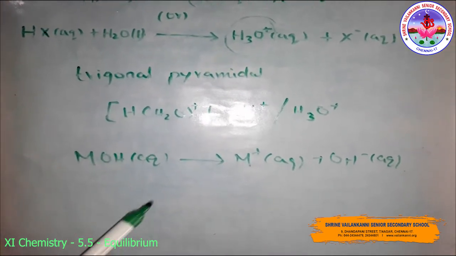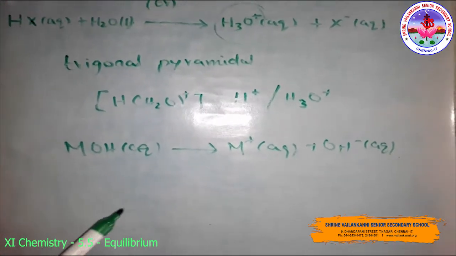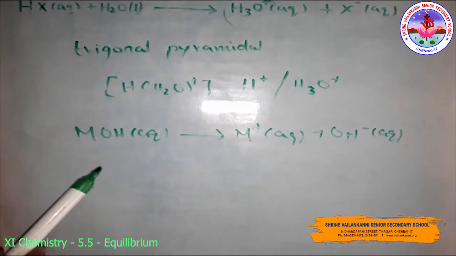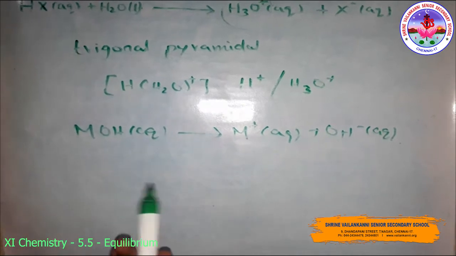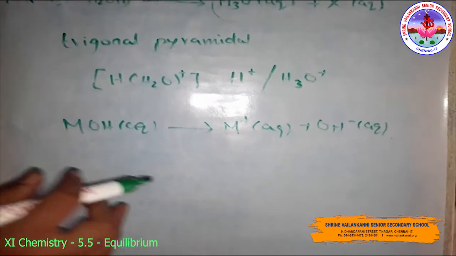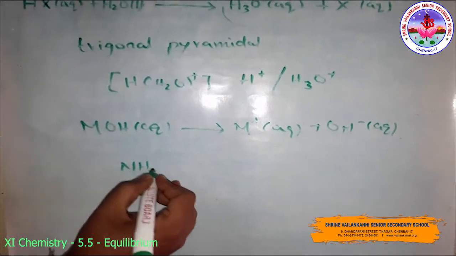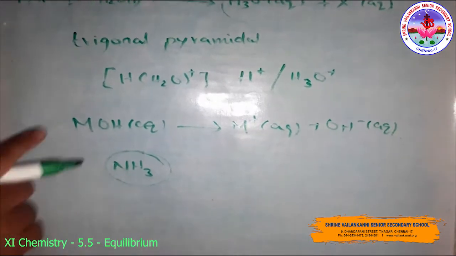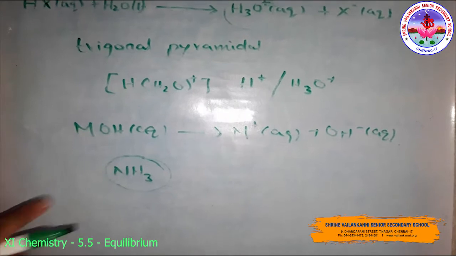The Arrhenius concept of acids and bases, however, suffers from the limitation of being applicable only to aqueous solutions, and it does not account for the basicity of substances like ammonia, NH3, which do not possess a hydroxyl group. So this concept is called the Arrhenius concept of acids and bases.